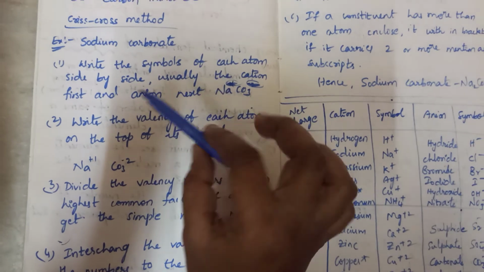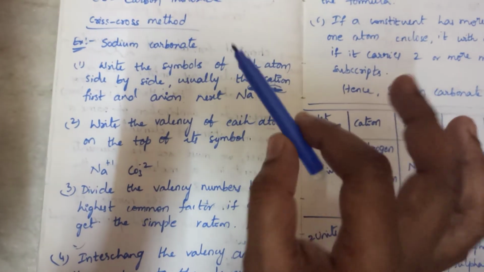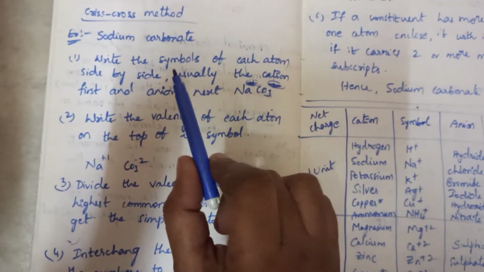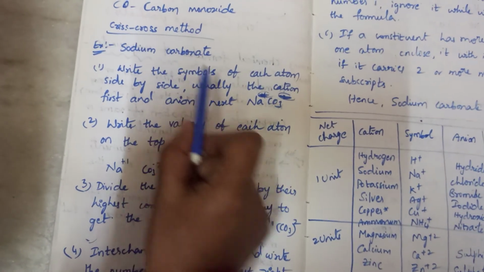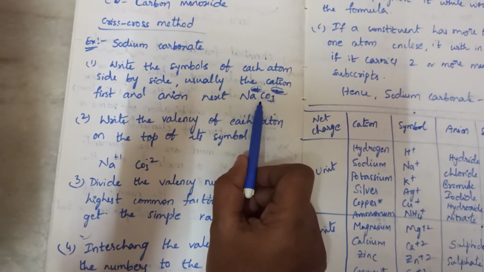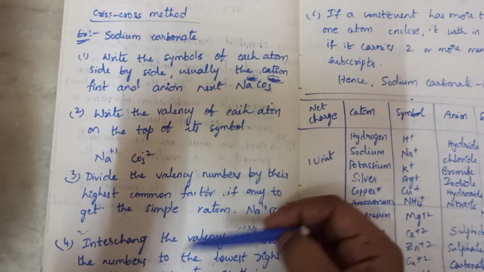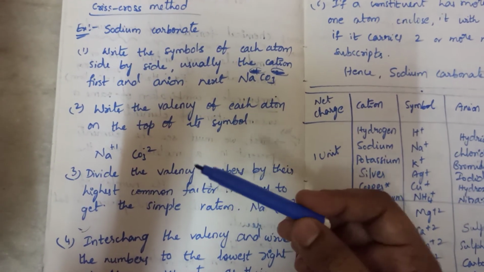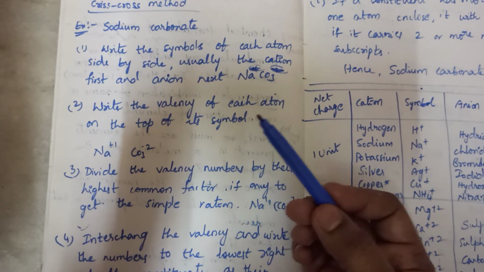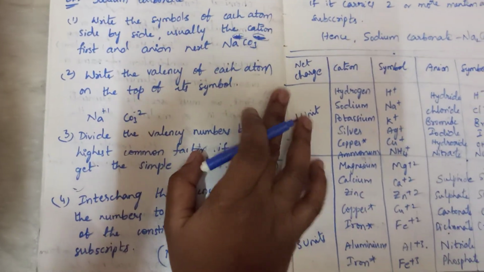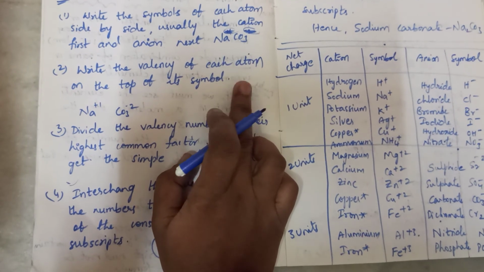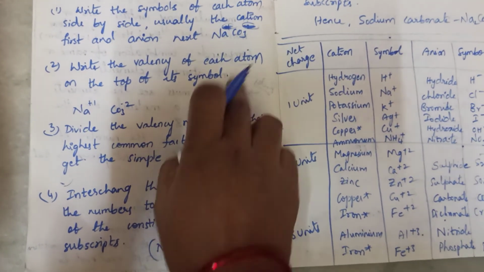For this, first we need symbols. The sodium symbol Na we write, then the carbonate symbol CO3. Then we need to find, as I told you, the cation and anion, which is also most important. Next we need the valency.